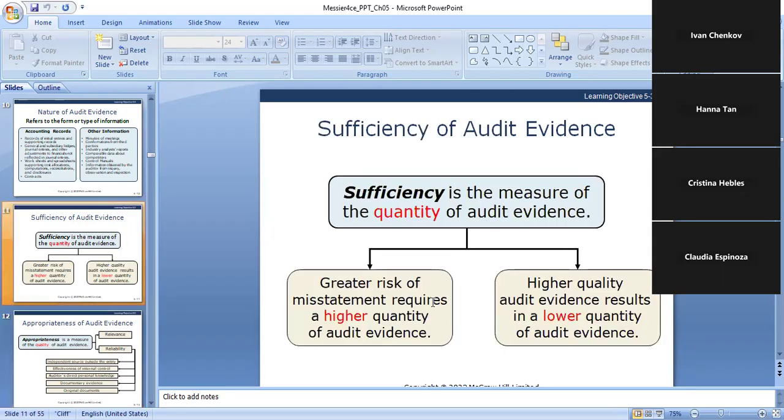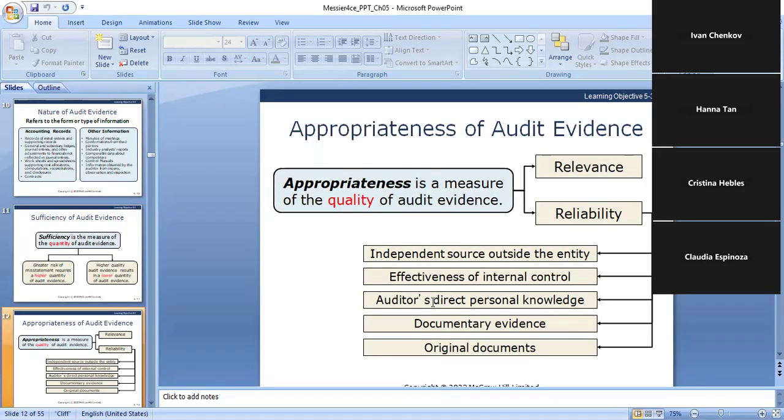Again, remember this terminology. We're chasing sufficiency, which is the number of documents, the amount of audit evidence. Second is appropriateness, which is the quality of the documents that we're getting.